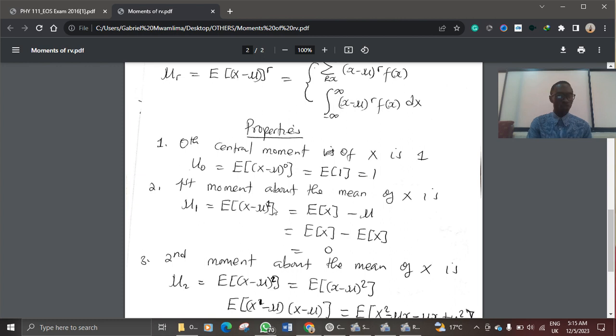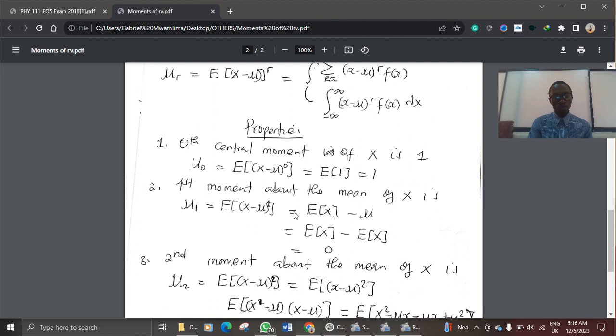On number 2, the first moment about the mean of x is equal to the following. We have mu 1, so our r is equal to 1. It will be the expectation of x minus mu, which is equal to the expectation of x minus mu. This mu is the mean, which is equal to the expectation of x.